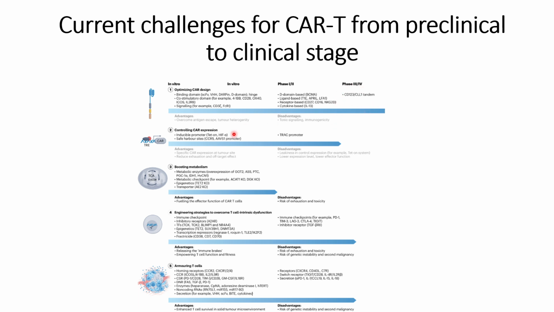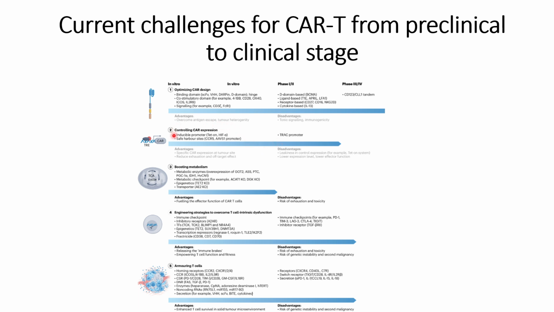And in terms of CAR expression, that is by expressing the CAR whenever there are tumors, this has reached only phase 1 and phase 2, and that too based on a track promoter.